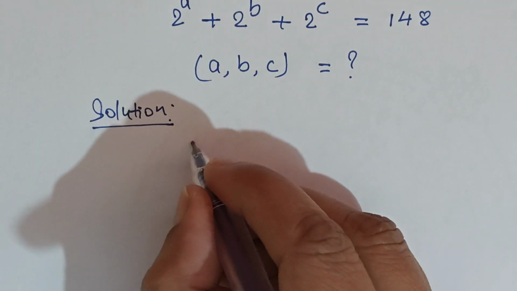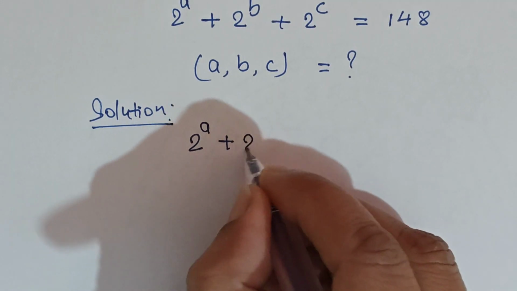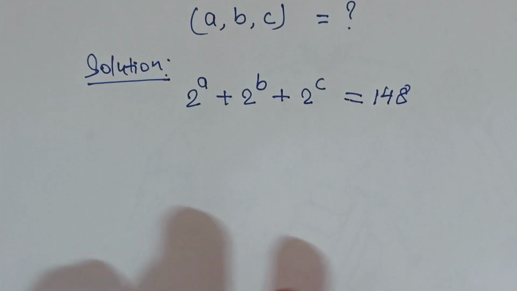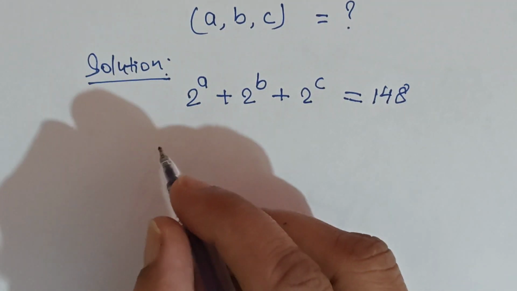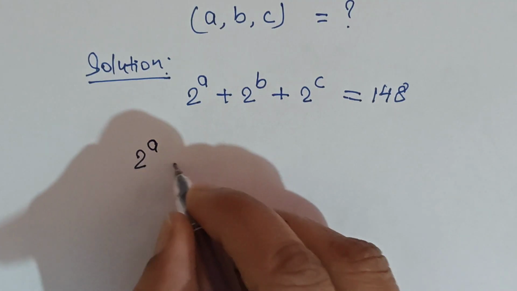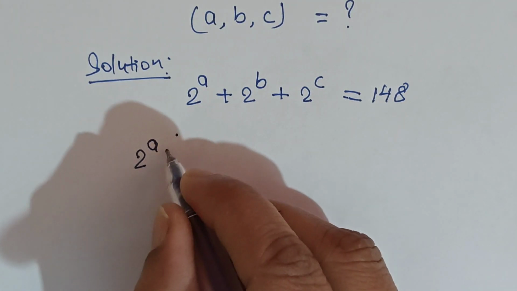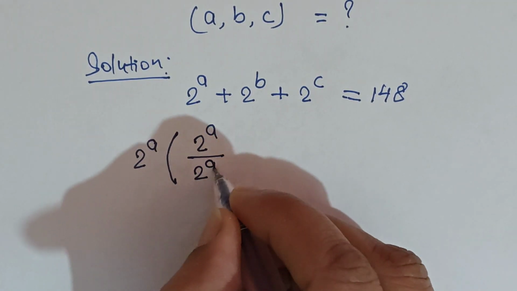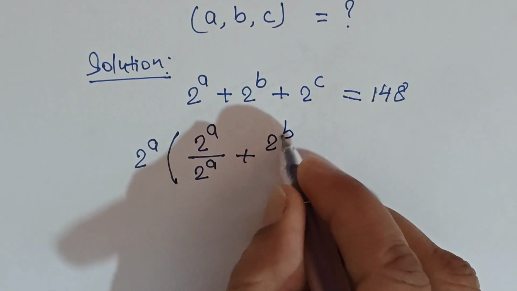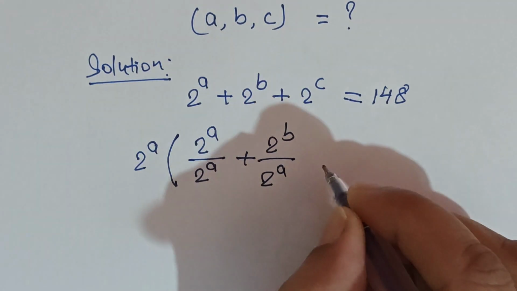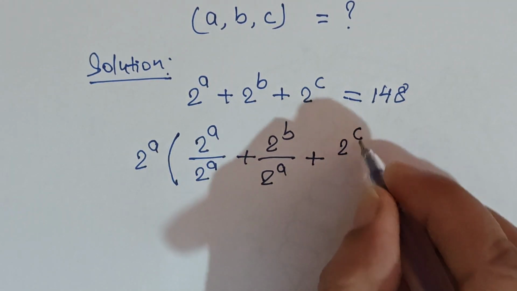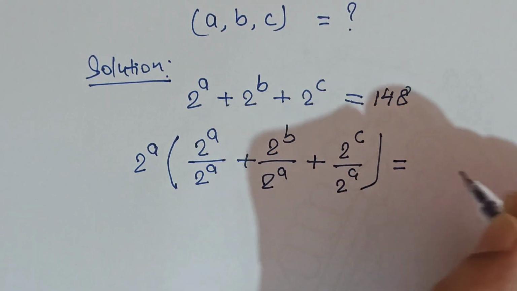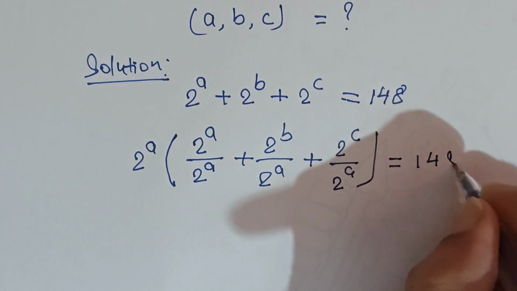Question: 2 to the power a plus 2 to the power b plus 2 to the power c is equal to 148. Now we can take 2 to the power a as common: 2 to the power a, bracket, 2 to the power a over 2 to the power a plus 2 to the power b over 2 to the power a plus 2 to the power c over 2 to the power a, is equal to 148.